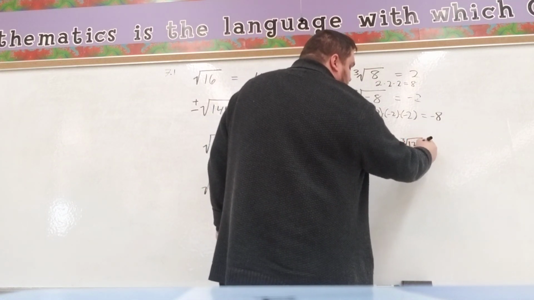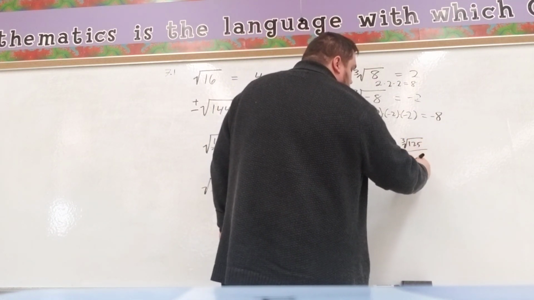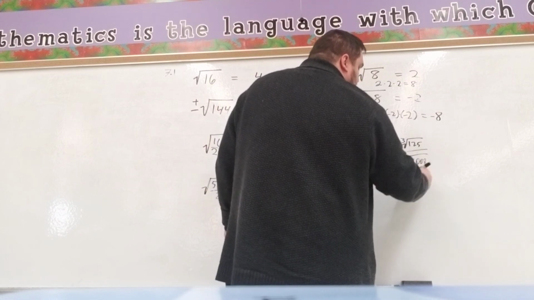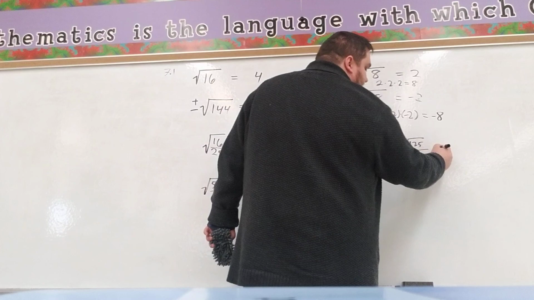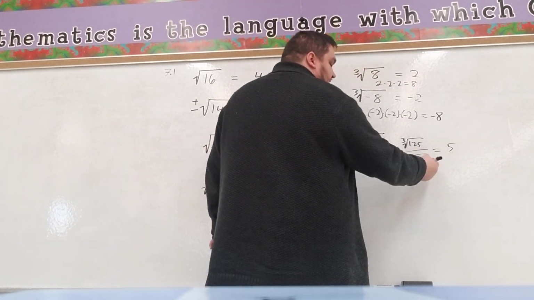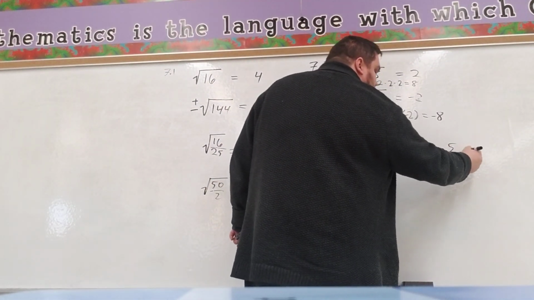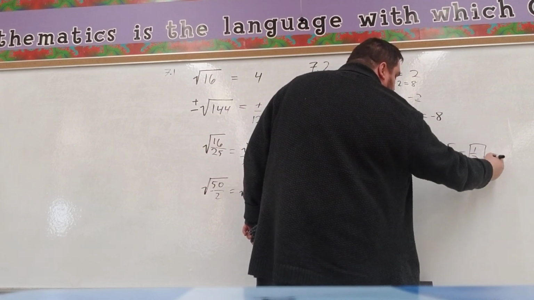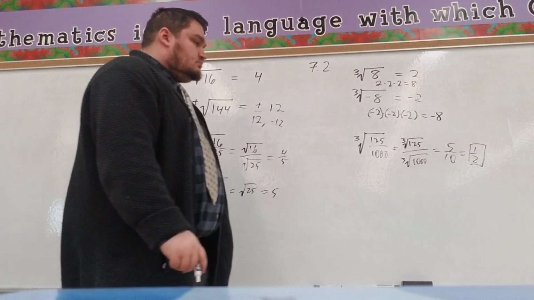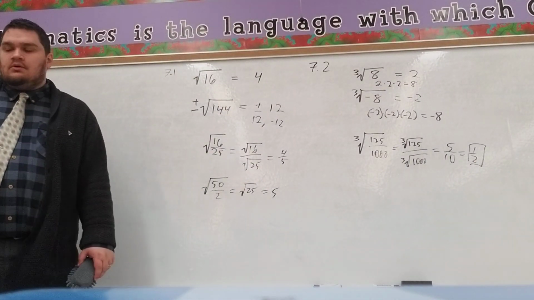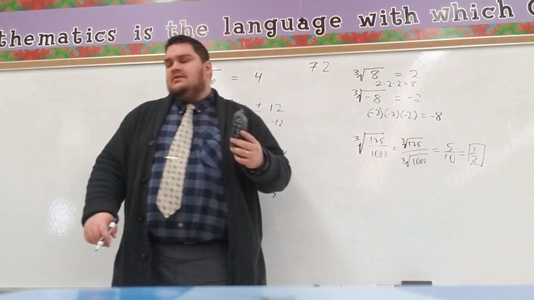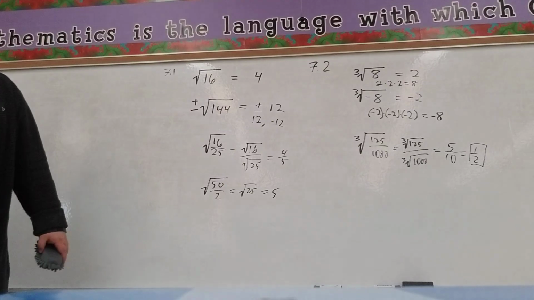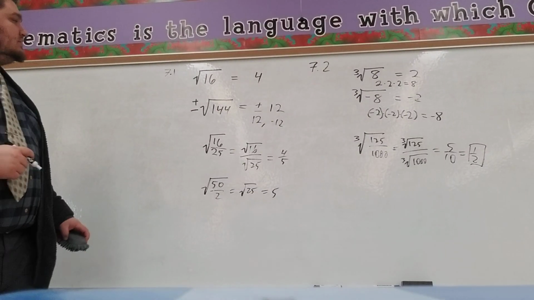Get the cube root of 125 over the cube root of 1,000. The cube root of 125 is 5. The cube root of 1,000 is 10. So that would equal 1/2. Is that all on there? Yeah, you can see it. So that's 7.2.